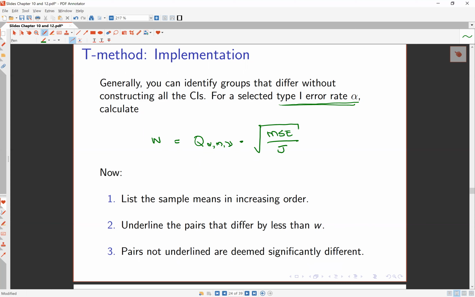Now you calculate this quantity W. Then you run through the following steps. You take your sample means and you list them in increasing order. And when you look at any two sample means in increasing order, if you notice that there are sample means that differ by less than this quantity W, you underline those.